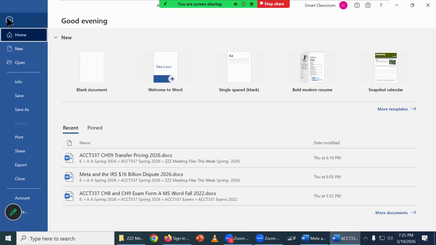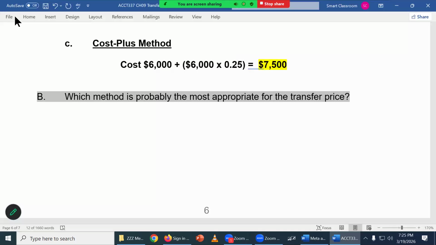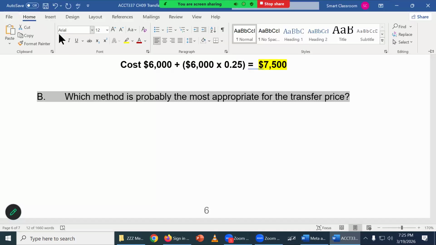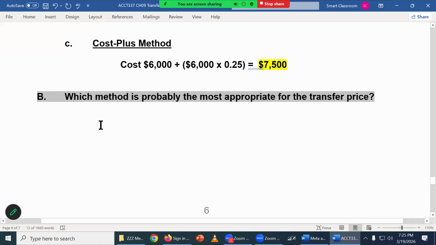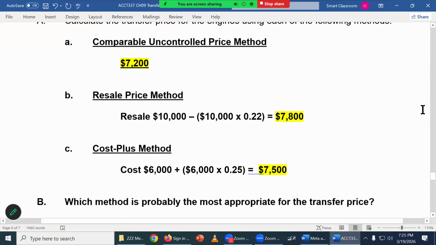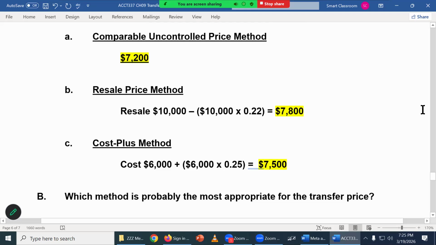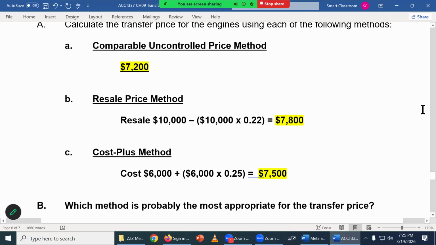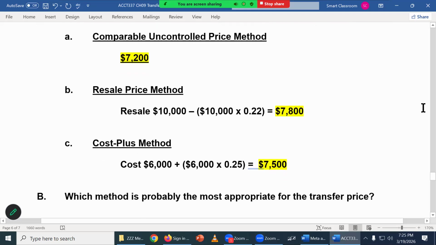This is kind of a judgment call. Well, here's the thing. The comparable uncontrolled price is 7,200.